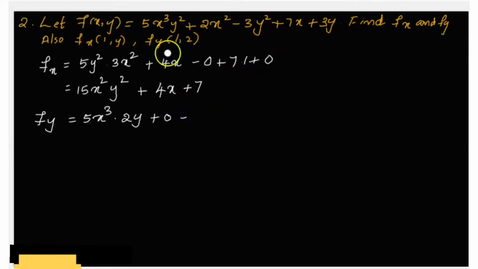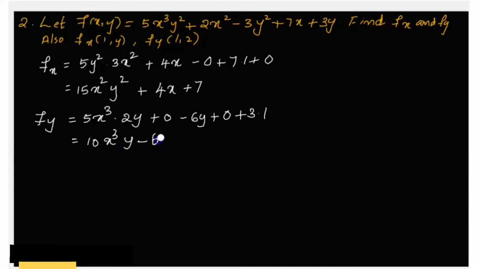Minus 3 into y², 3 into 2y, that is minus 6y. And the last term 3 into the derivative of y, that is 1. So your final answer is 5 into 2, 10x³y − 6y + 3.